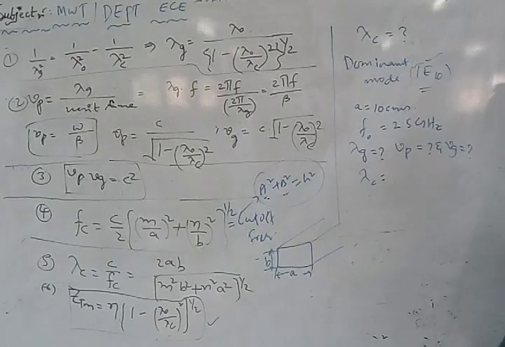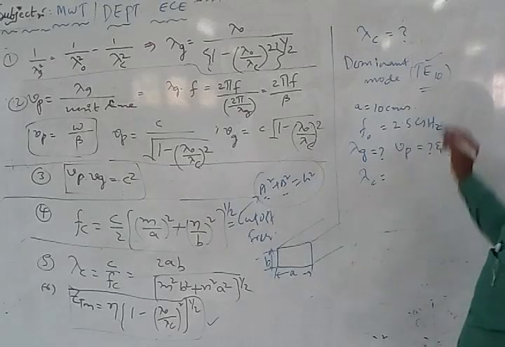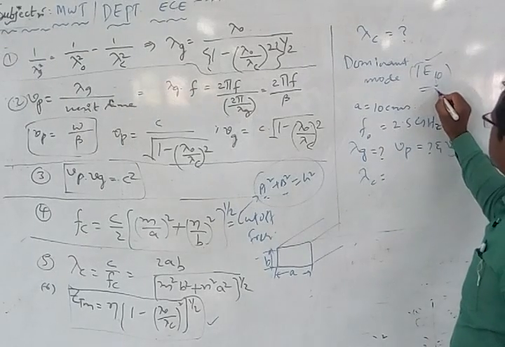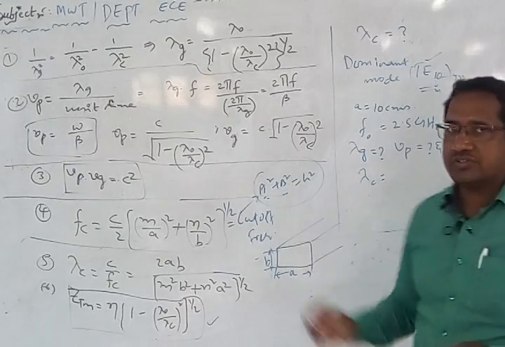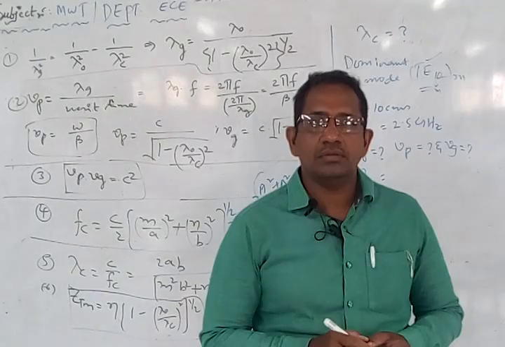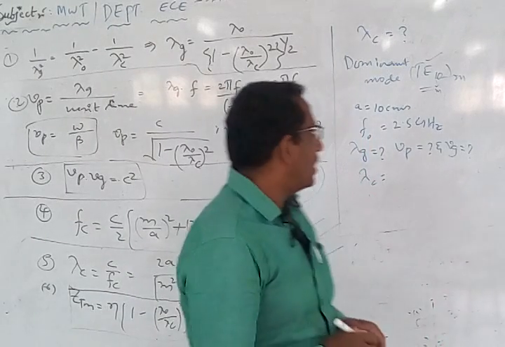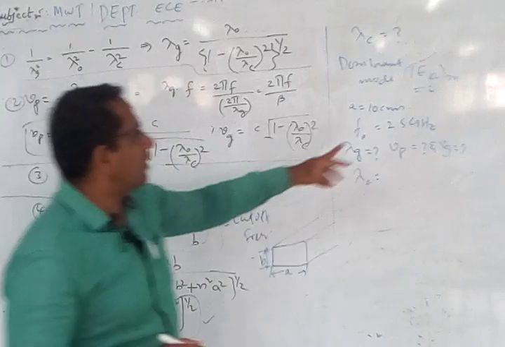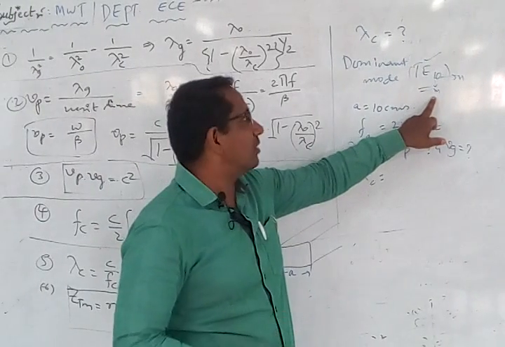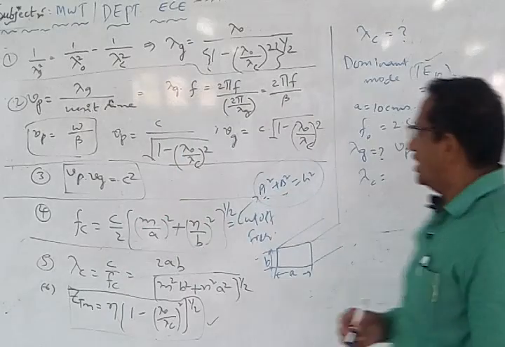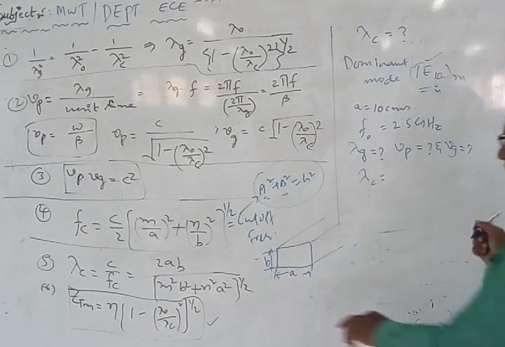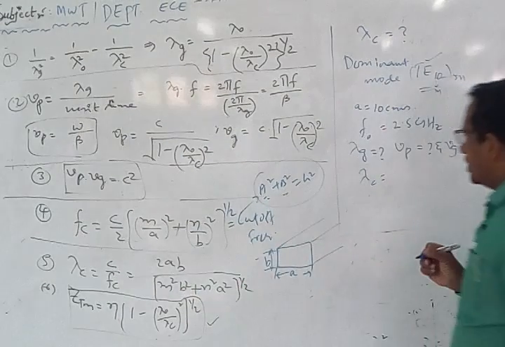What do we substitute? m is equal to 1, n is equal to 0. After we figure out what m and n are, let us substitute these values in the equation.